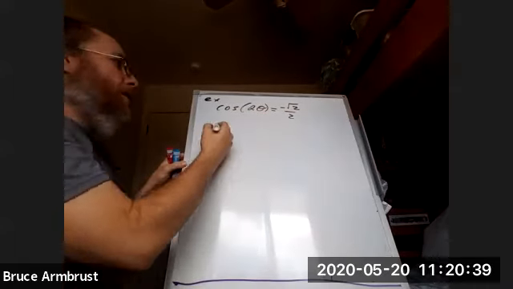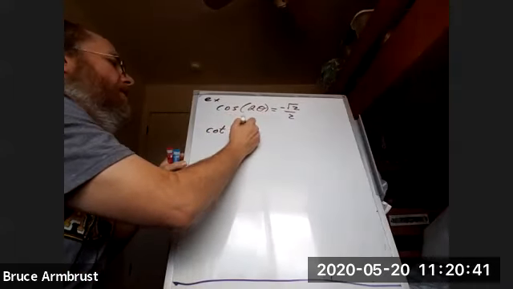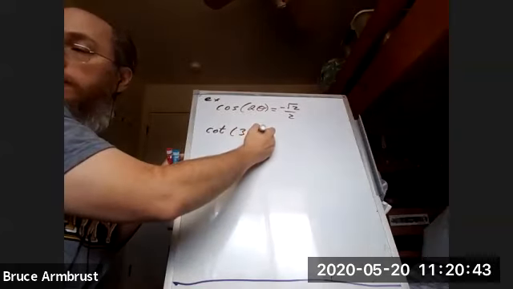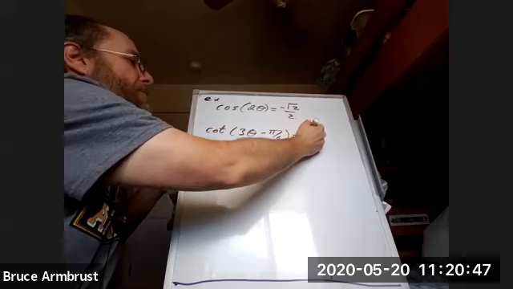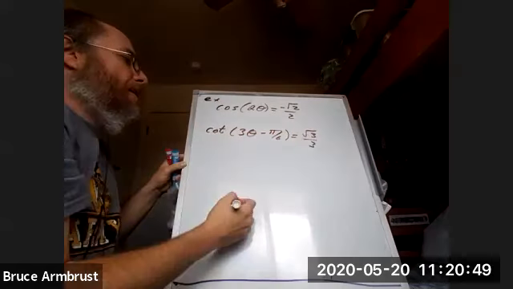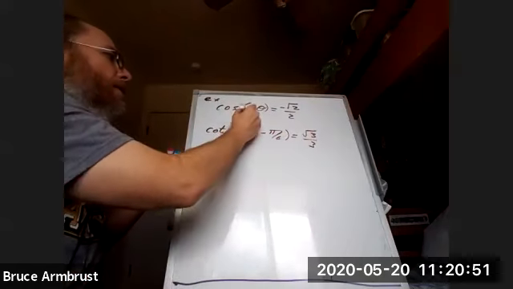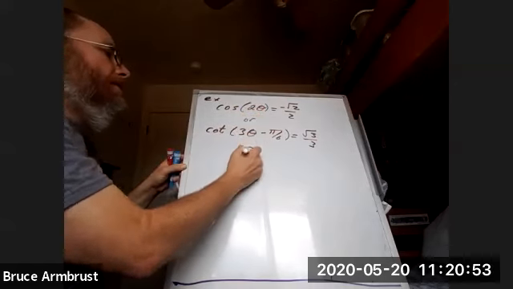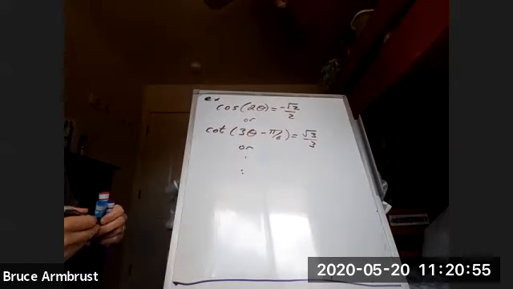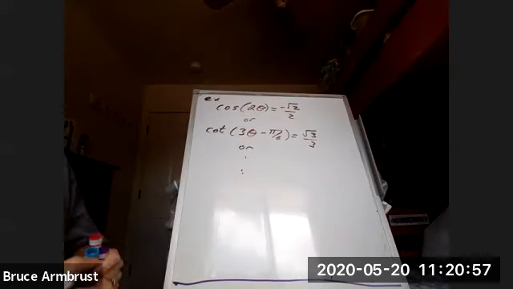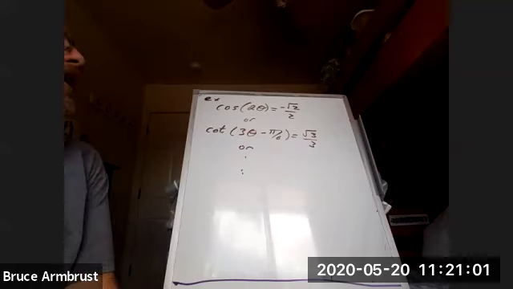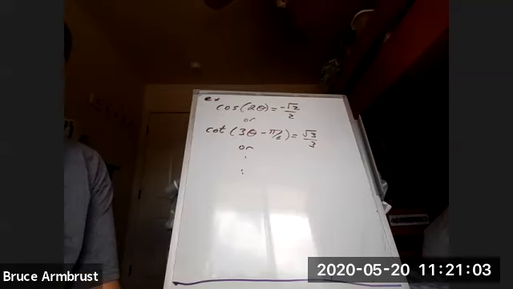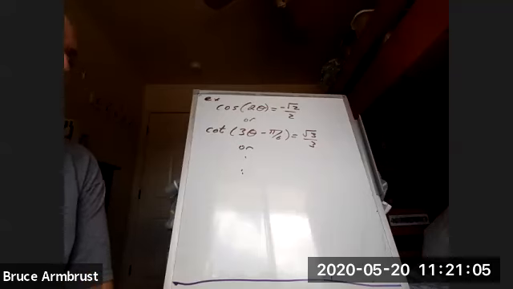Or the cotangent of 3 theta minus pi over 6 is equal to root 3 over 3. Or, and I think you start seeing what I'm talking about, what if what's inside those trig functions is more complicated than just theta or just x? The question is, how do we go about solving these?